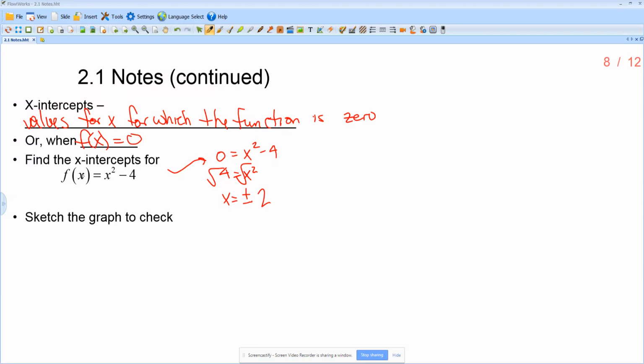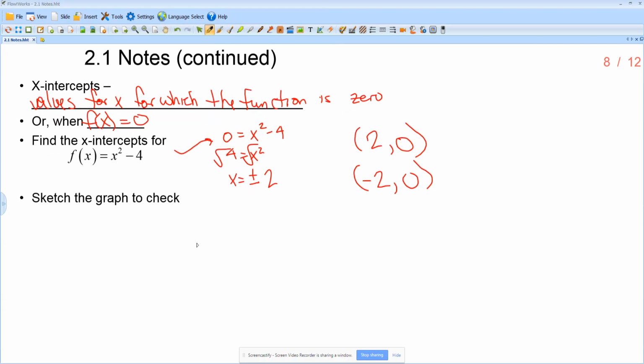What I know about every x-intercept is that the y value must be 0 because it's on the x-axis. Positive 2 is an x-intercept, negative 2 is an x-intercept. If I wanted to sketch this, (2, 0) is an x-intercept, (negative 2, 0) is an x-intercept.